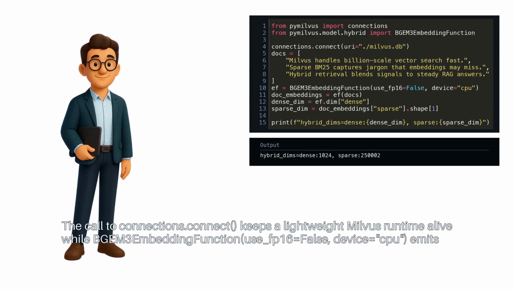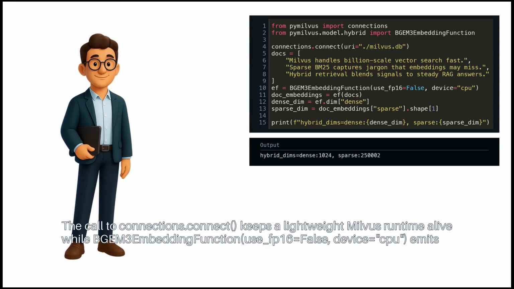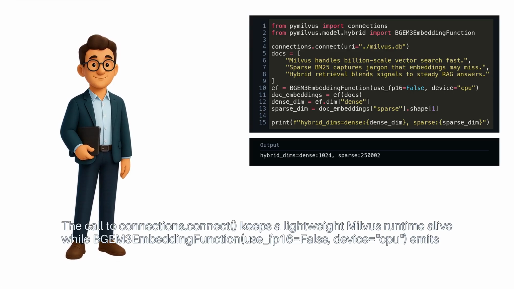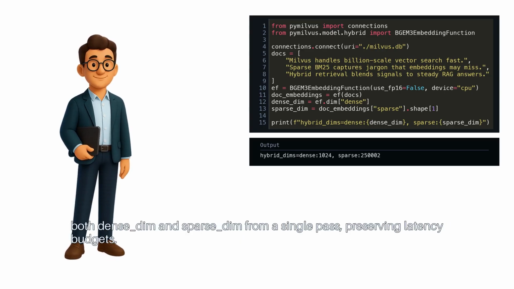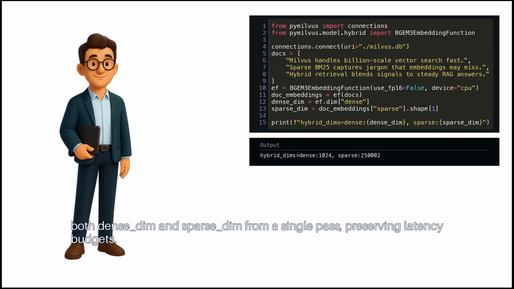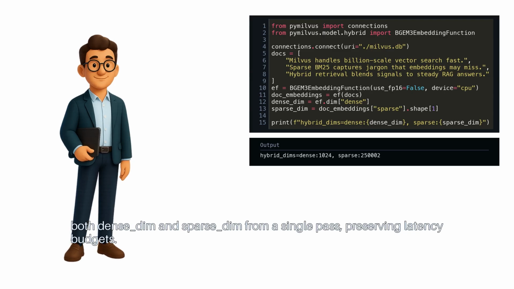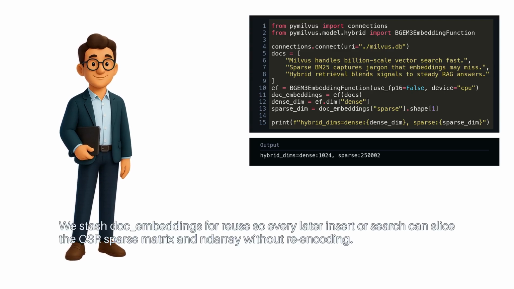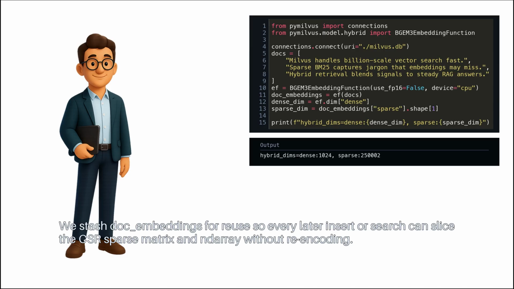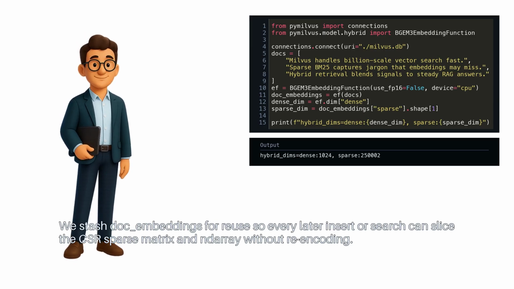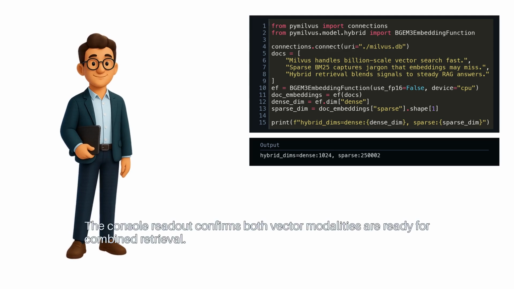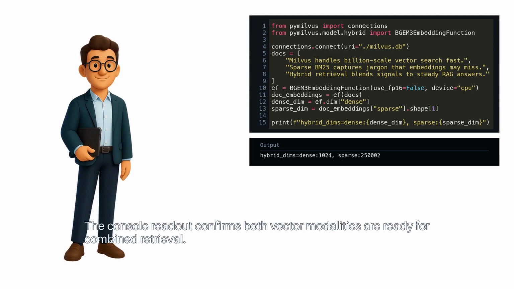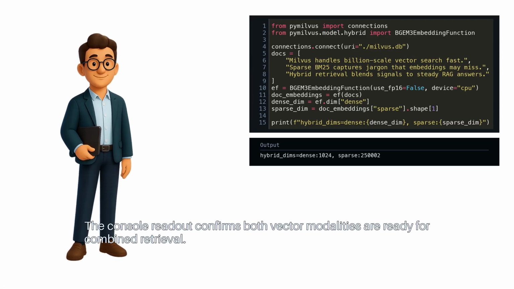The call to connections.connect keeps a lightweight Milvus runtime alive, while use_fp16 false and device equals CPU emit both dense_dim and sparse_dim from a single pass, preserving latency budgets. We stash doc embeddings for reuse, so every later insert or search can slice the CSR sparse matrix and ndarray without re-encoding. The console readout confirms both vector modalities are ready for combined retrieval.